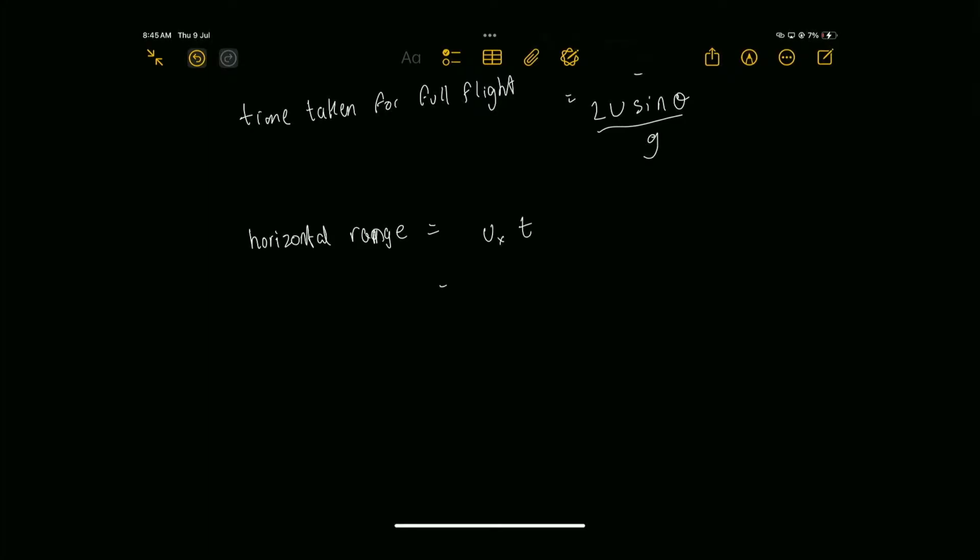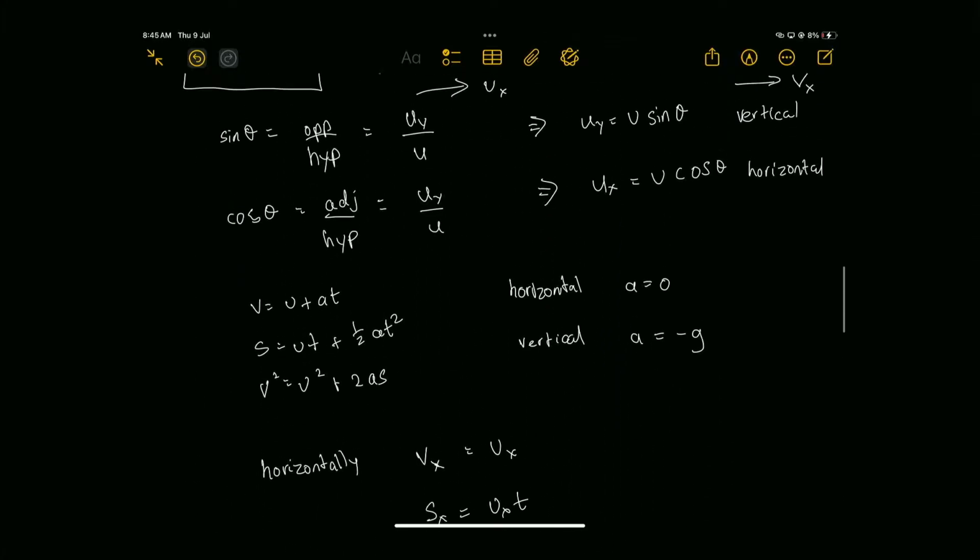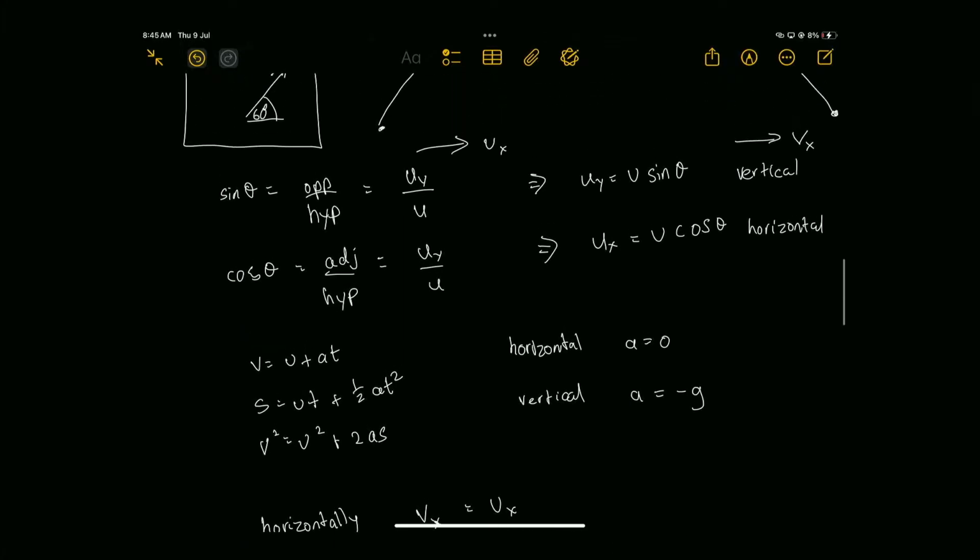Now in this case, t is 2 times u times sine theta over g, right? And we know Ux from above, the horizontal component Ux is equal to u times cos theta.